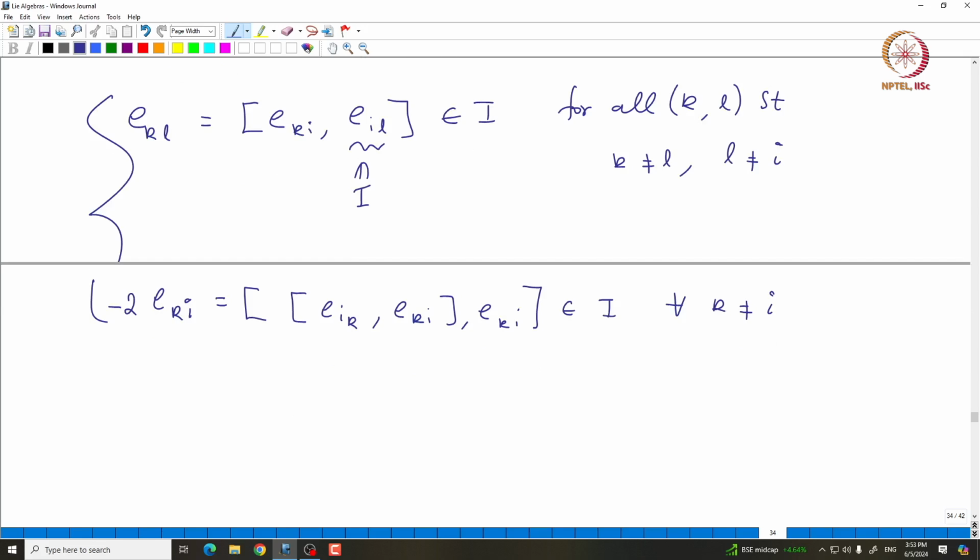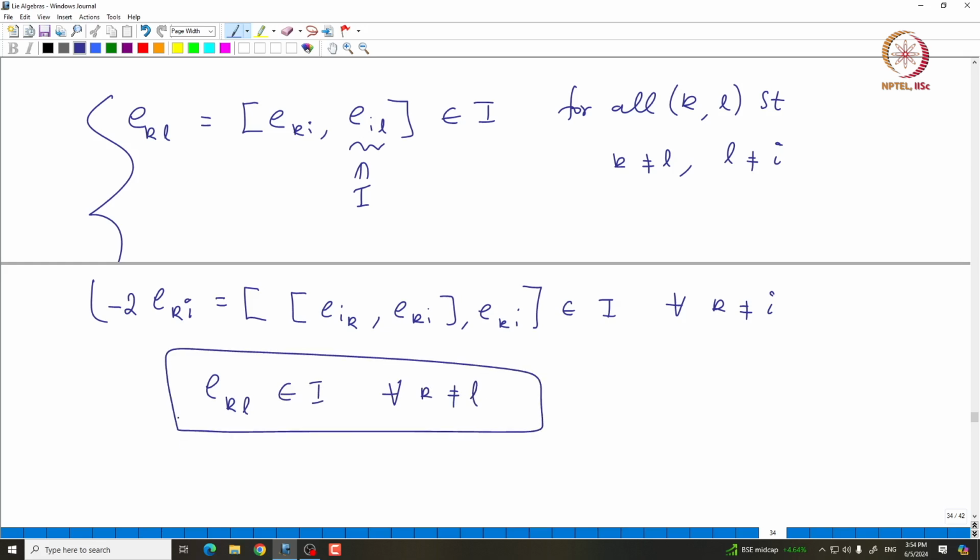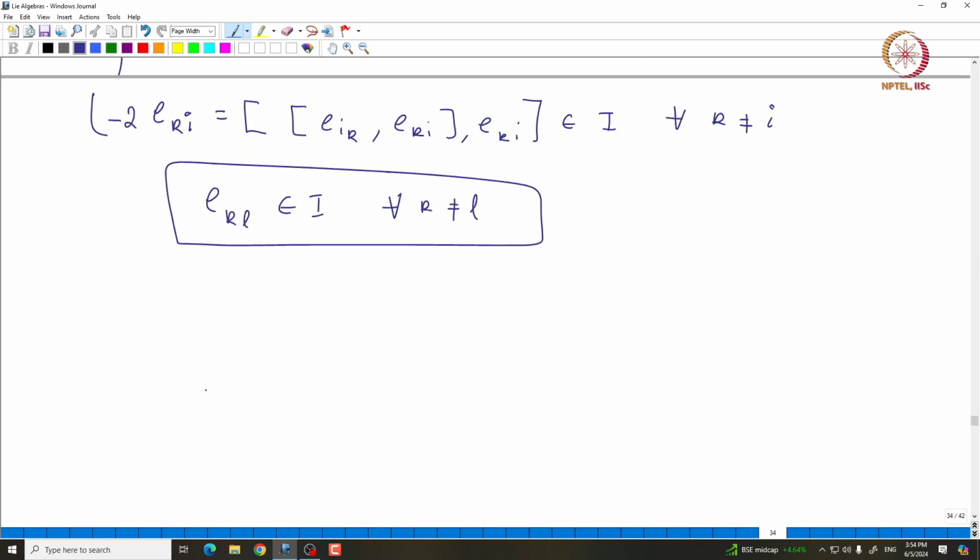that E_KL is in I for all K not equal to L. So, one set of basis elements of SLN lies inside your I. Now, the other set is H_K, which is nothing but E_KK minus E_{K+1,K+1}, and it is easy to see that this is also there by a simple computation.